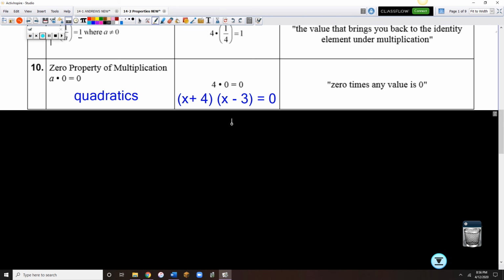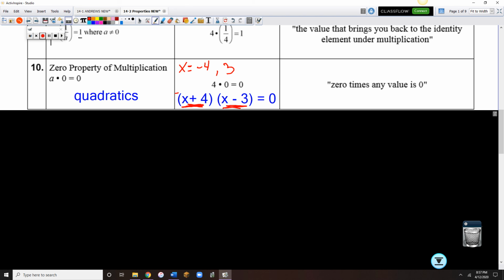Zero property. When you do quadratics, we use the zero property to solve. If you remember, the solutions to this quadratic would be x equals -4, or x equals 3. Why is that? Well, this is saying x plus 4 multiplied by x minus 3 equals 0.